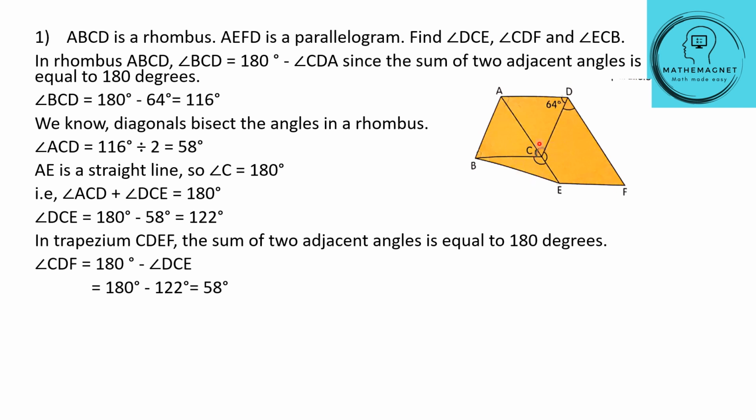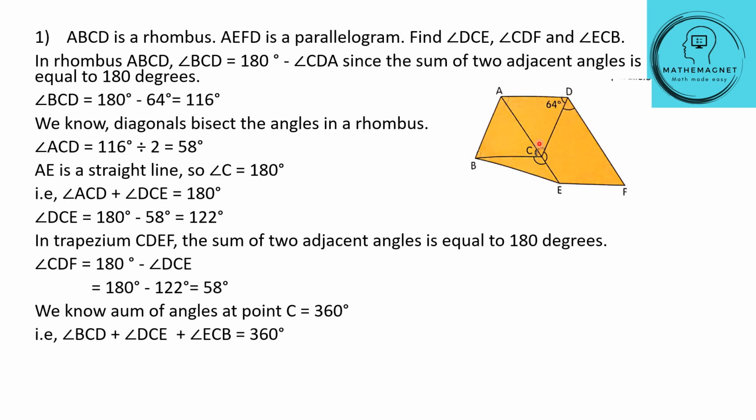So which means angle ECB will be equal to 360 minus angle BCD minus angle DCE, which is equal to 360 minus 116 minus 122, which is equal to 122. So the third unknown angle is also found, and it is equal to 122 degrees.